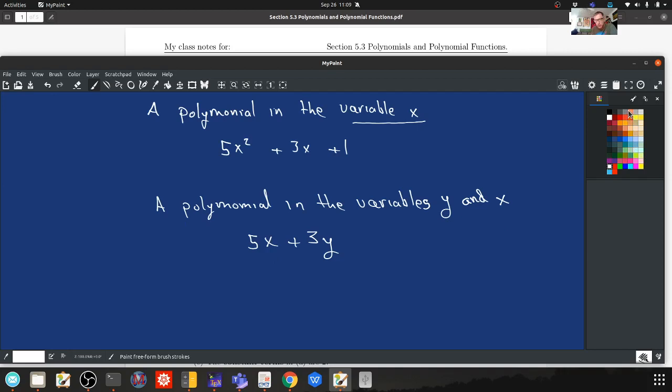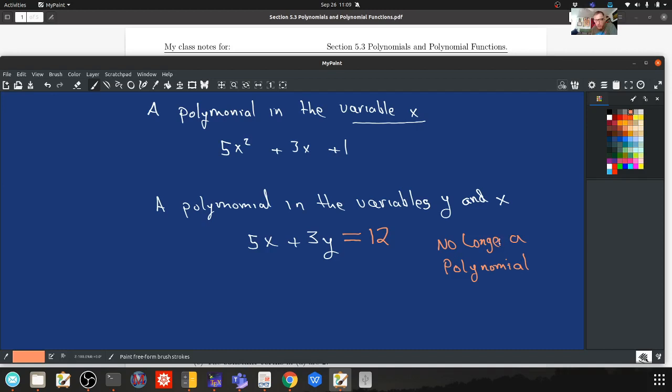Notice here, I want to show you something. This is a polynomial in the variables y and x, 5x plus 3y. Now, you've seen this type of thing quite a bit, but here's what I want to tell you. When you say it's equal to 12, this is no longer a polynomial. Polynomials are mathematical expressions. And I'm just giving some quick examples right now before we give the full list of definitions.